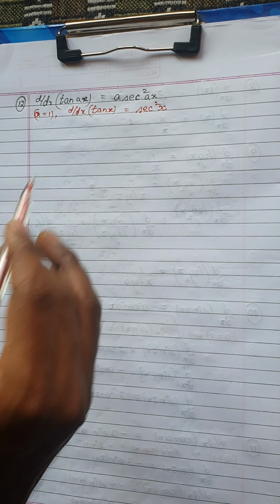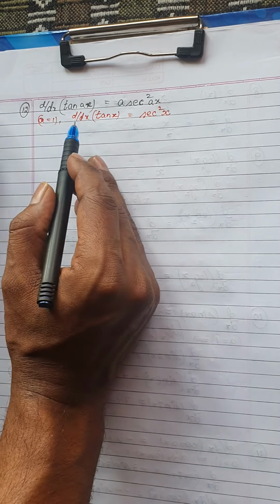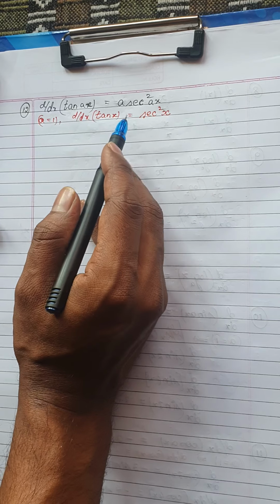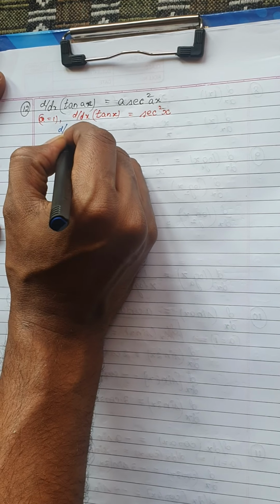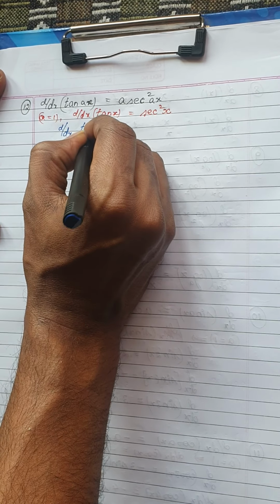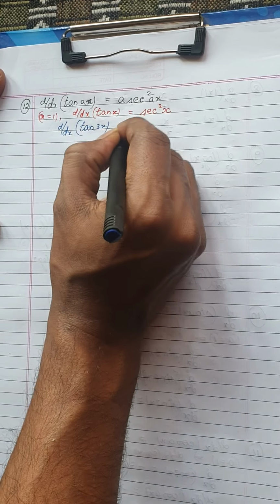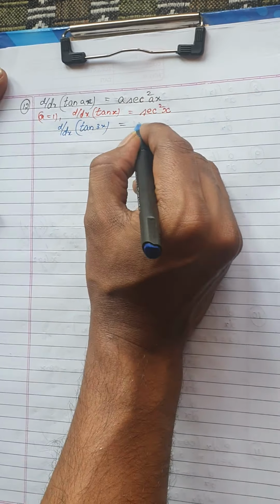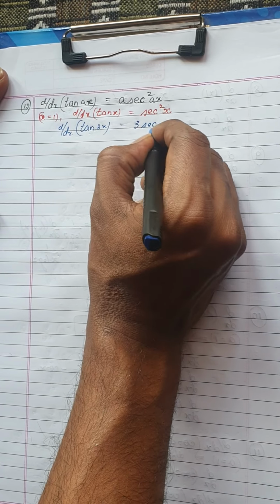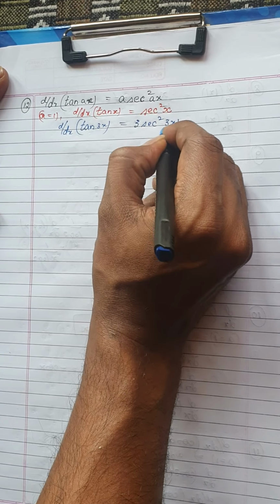Remember, the derivative of tan is secant square, but if you have any other constant multiplied, then that constant will be multiplied. For example, if I have the derivative of tan 3x, yes Akshit, what is the answer? It is 3 times secant square 3x.